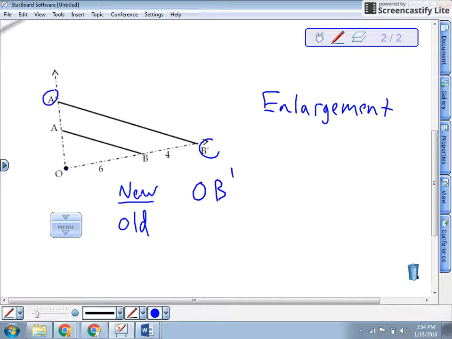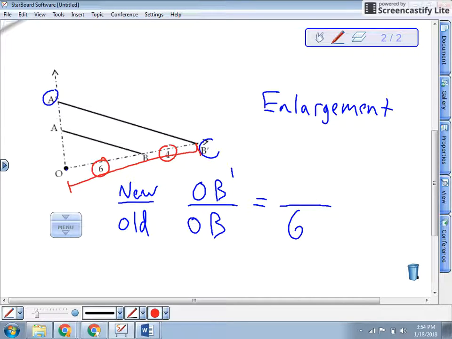And then our old would just be O to B. So what are those values? Now, O to B is pretty easy. It's 6. It's this value on top that's key. Again, we want O to B prime. What is this whole value? It's not just 4. It's the 6 plus the 4. So this is 10. We want to reduce that fraction.